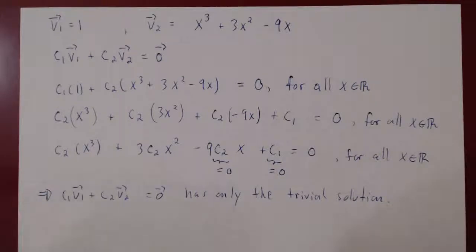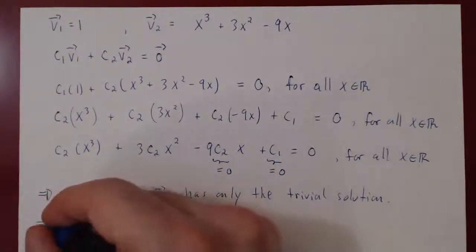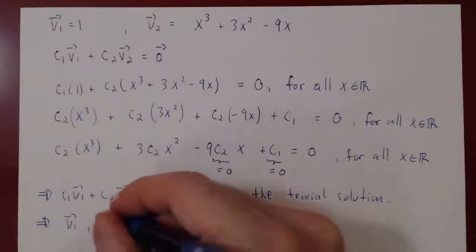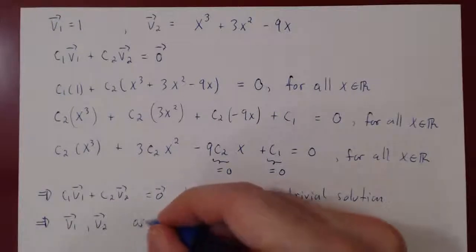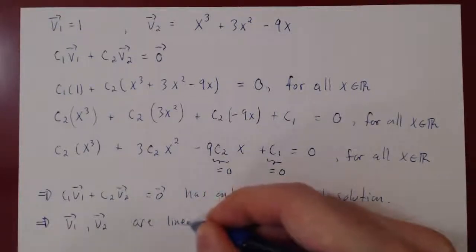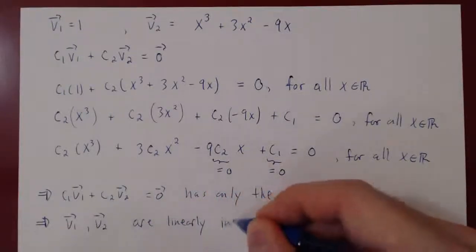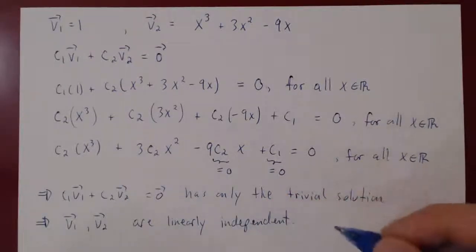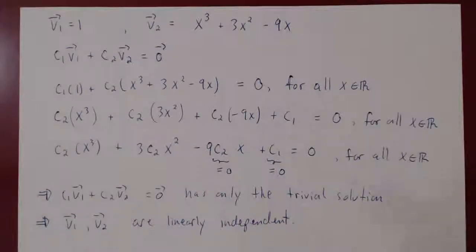And therefore, by definition, this proves that the vectors v1, v2 are linearly independent. And so indeed we have a basis. v1, v2 are generators of the space.